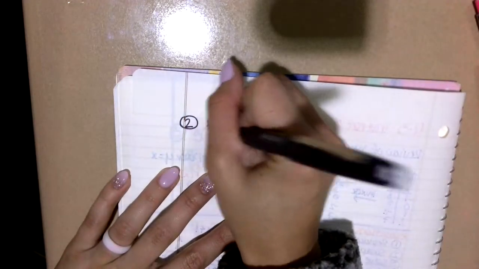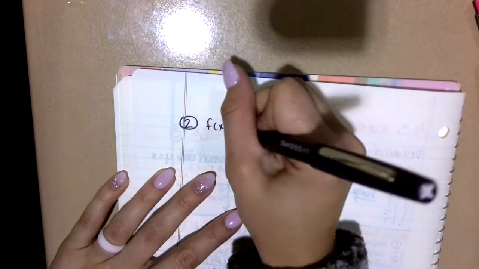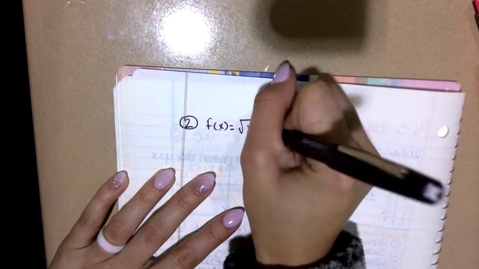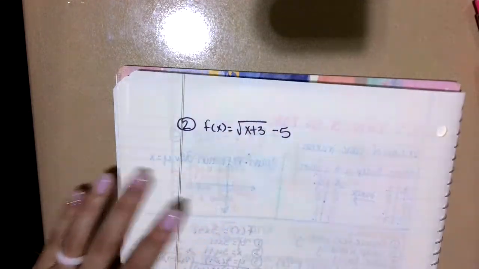All right, example 2: f of x is equal to the square root of x plus 3 minus 5.